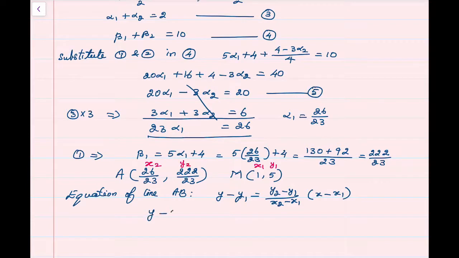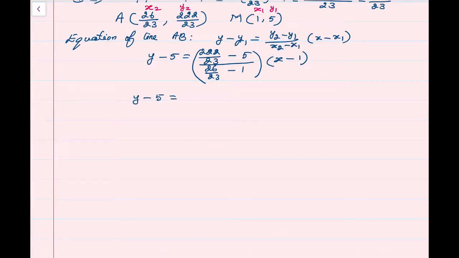Y minus y1 is equal to (222 over 23 minus y1, which is 5) divided by (x2, which is 26 over 23, minus x1, which is 1) times (x minus x1).